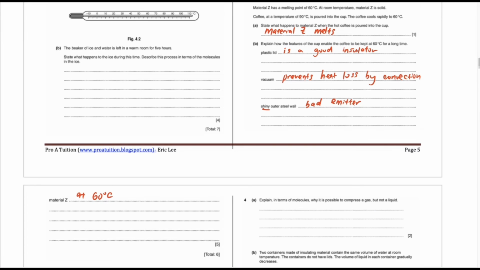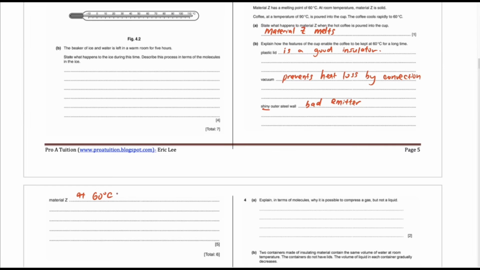If you explain further, of course, you may get the second point. The marks are given in this way. If you put 2 points here, then this one will be 1 point, 1 point, and 1 point. So it's flexible. If you can explain more on plastic lid, just go ahead. You get 2 points, then the rest you get 1 point. Or you just say this to get 1 point, 1 point, 1 point, then this one you can put 2 points. Oh, okay. Yeah, it's flexible.